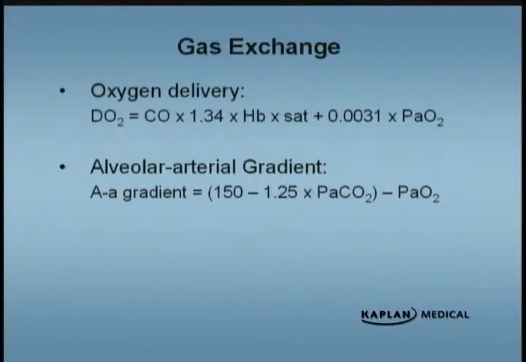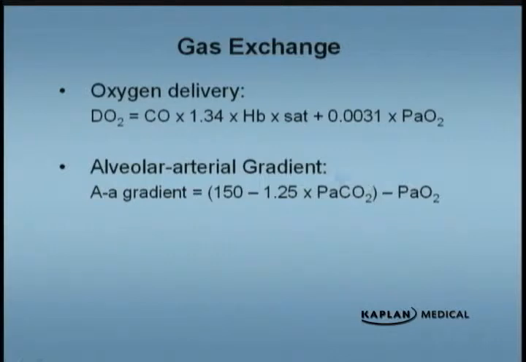So in most people that have no medical conditions, if you go into the alveoli and do some really sophisticated measurements, the partial pressure of oxygen in the alveoli is going to be around 100. And a way to get that through a formula is through this equation right here.